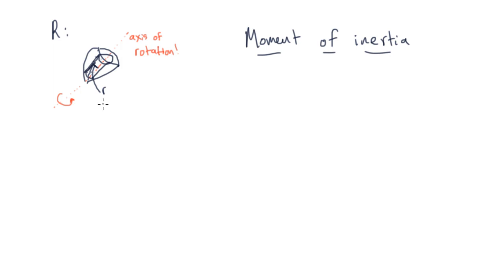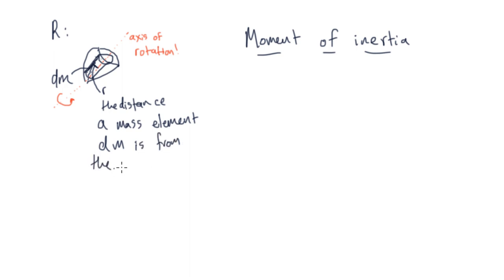So r is the distance a mass element, say dm, if we think about this little piece of mass here and call that dm, so r is going to be the distance a mass element dm is from the axis of rotation.